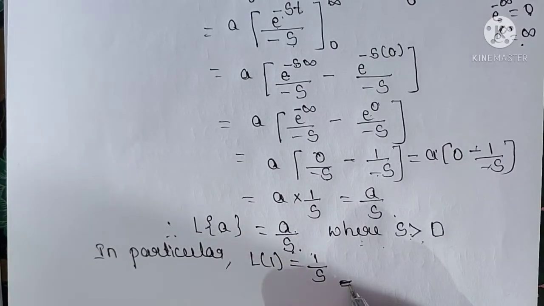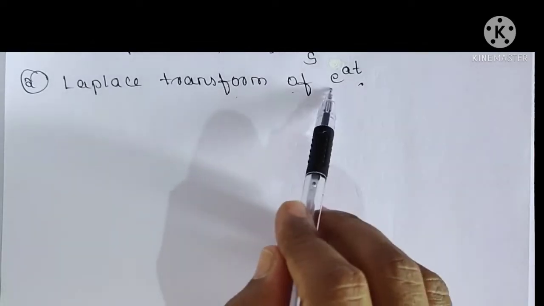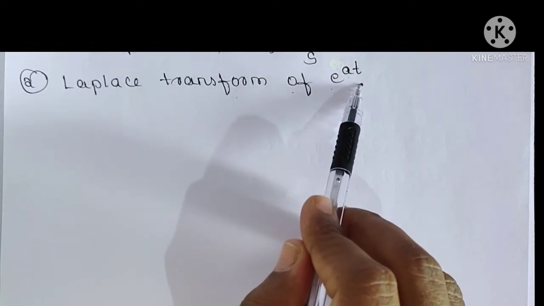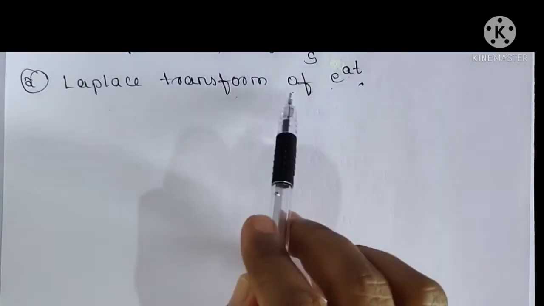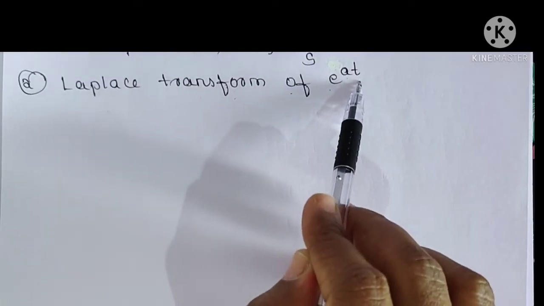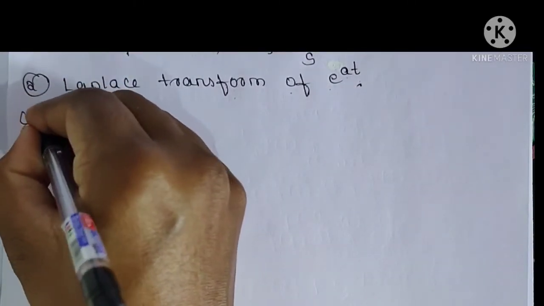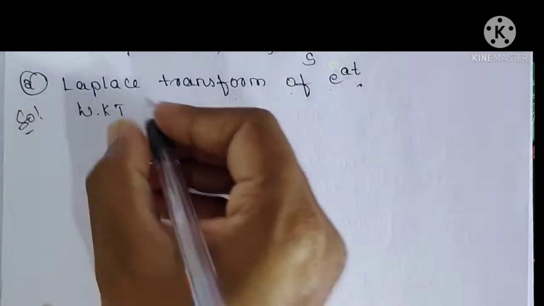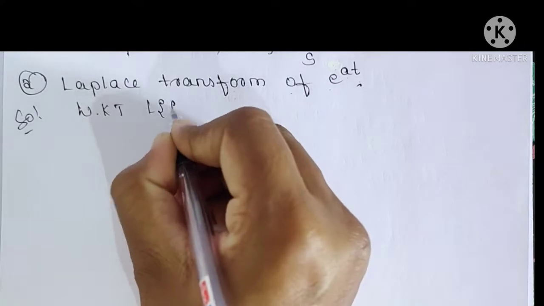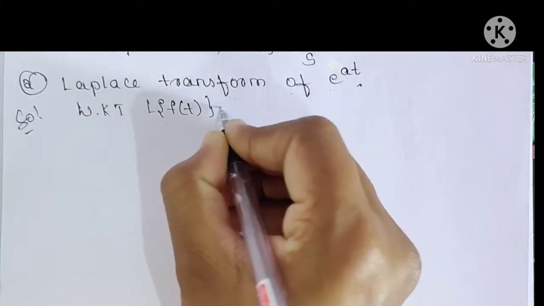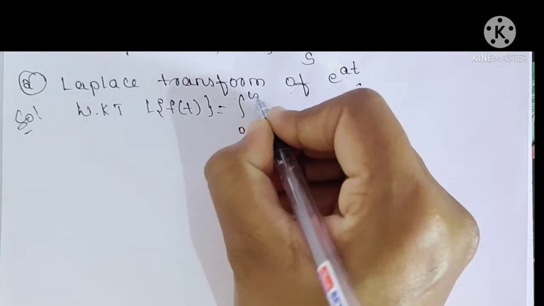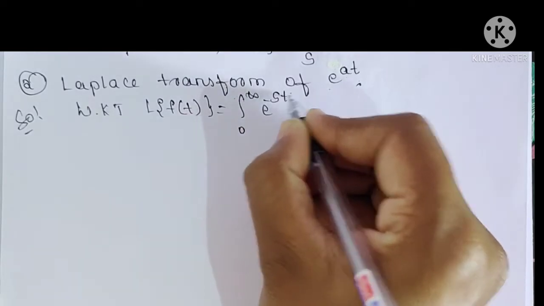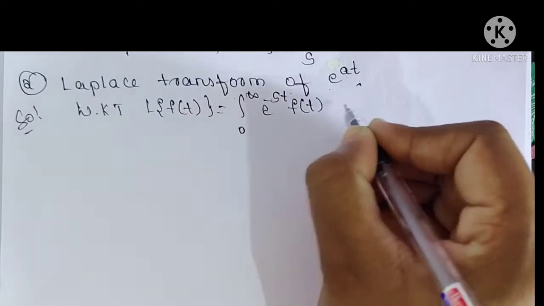Now let's see Laplace transform of one more standard function. Laplace transform of e power at. See, in the exam they'll ask like this: find the Laplace transform of e power at. Solution, we know that by the definition of Laplace transform, L of f of t is equal to 0 to infinity e to the power of minus st f of t dt.